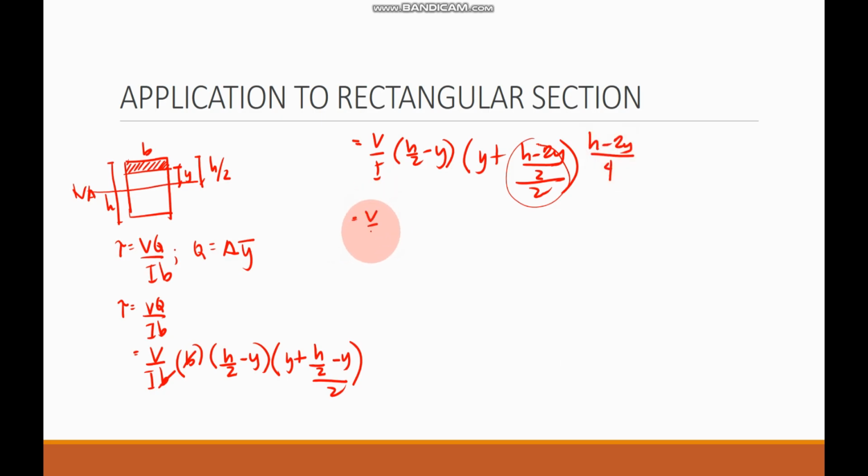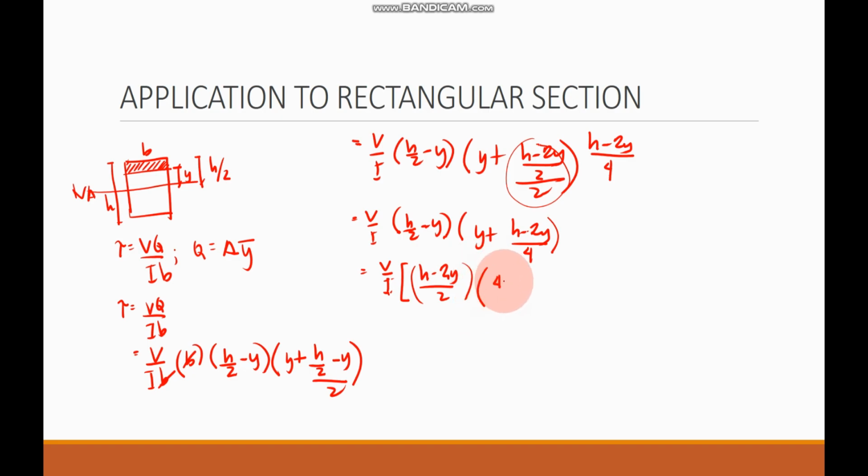So, we have b all over I. So, labas ko yung 1/2. So, meron tayong b all over 2I.